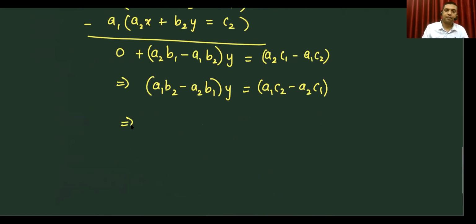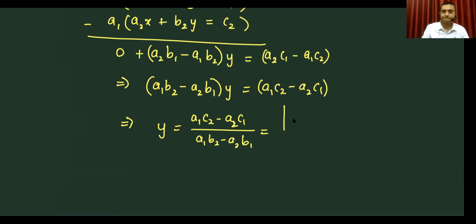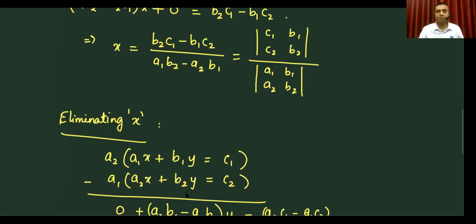This implies y is equal to a1 c2 minus a2 c1 by a1 b2 minus a2 b1, which is equal to the determinant a1 c1, a2 c2 divided by the determinant a1 b1, a2 b2. You observe the pattern now.